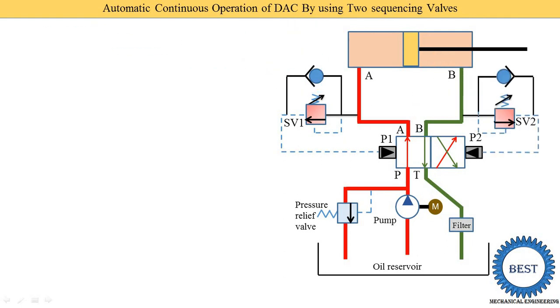SV2 is the mirror image of SV1. In the same way you draw the continuous line. Then the outlet of the sequencing valve is connected with the pilot. The inlet and outlet of the sequencing valve are connected with this check valve, and this inlet is connected with the bottom part of the sequencing valve. So these are the basic symbols.